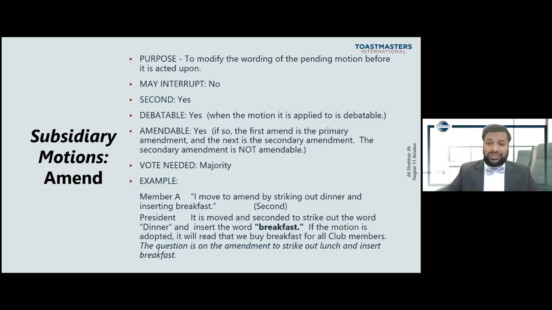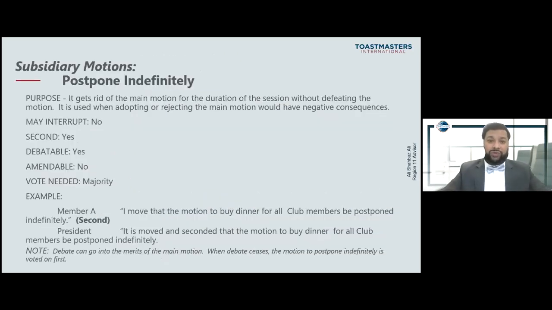Now we will understand amend in the next episode because it's quite a long one. You can study amend yourself and come back to me to make it even more interesting. But now I'm open to questions on the first motion which we discussed, postpone indefinitely. Over to you, our VP Education, Rashid Mahmood.